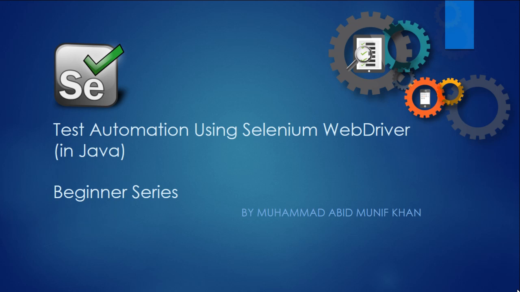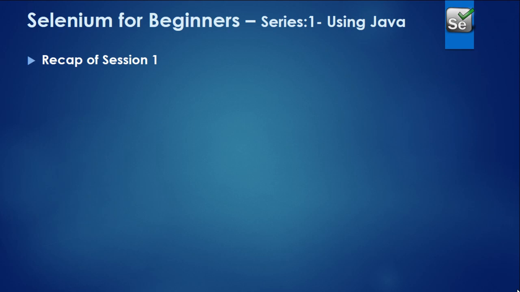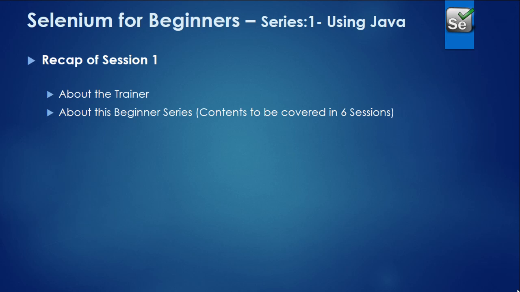Before we start today's session, let's have a brief recap of what we covered in our session 1. We started off with an introduction about the trainer and an introduction about this beginner series. We will be covering these two topics briefly today as well.